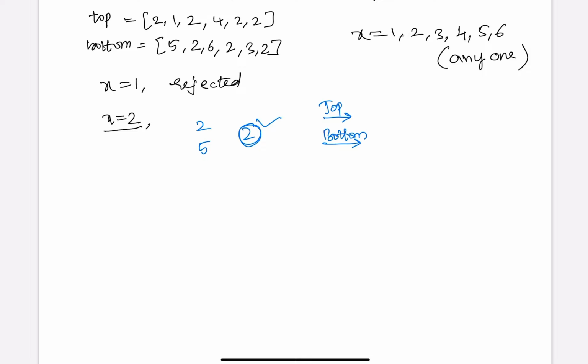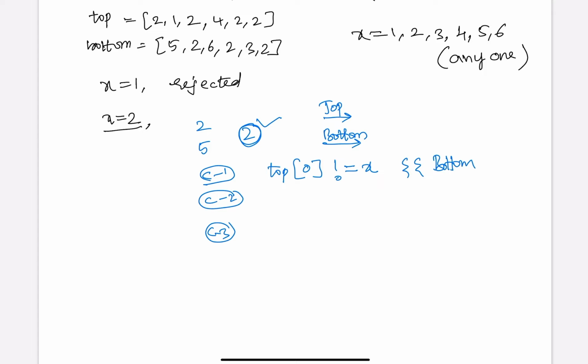So there are 3 cases: case 1, case 2, case 3. If top of 0 is not equal to this x and bottom of 0 is not equal to x, that is one case.